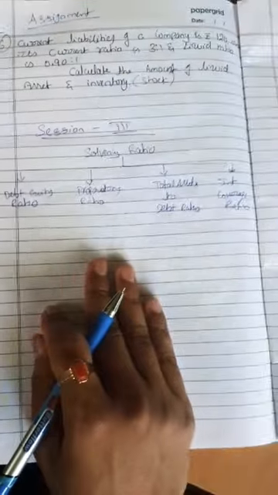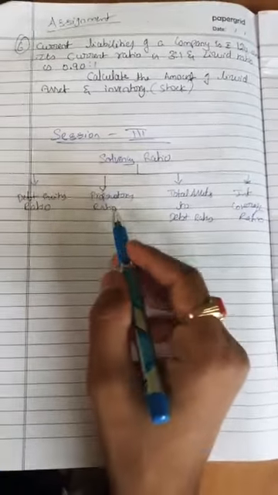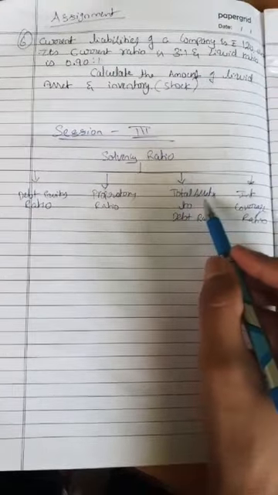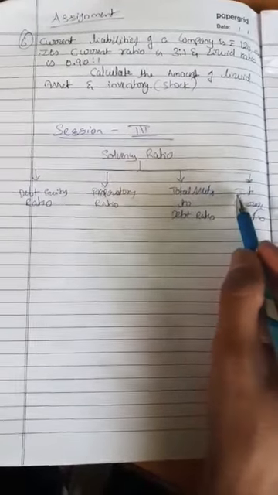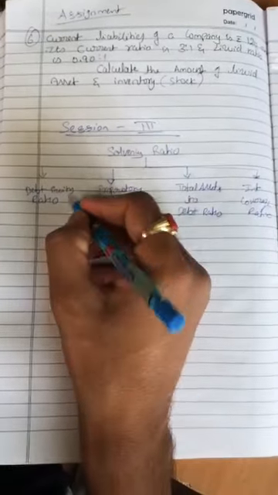So these are the four types of ratios. First debt equity ratio, next proprietary ratio, another one total assets to debt ratio, and last one interest coverage ratio. First let us discuss your debt equity ratio.